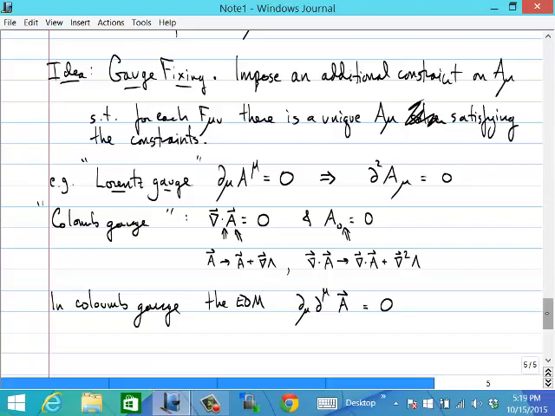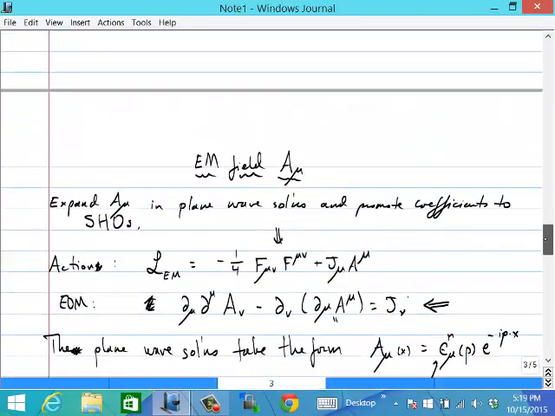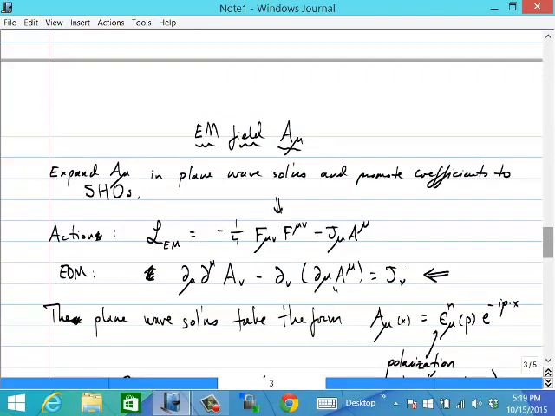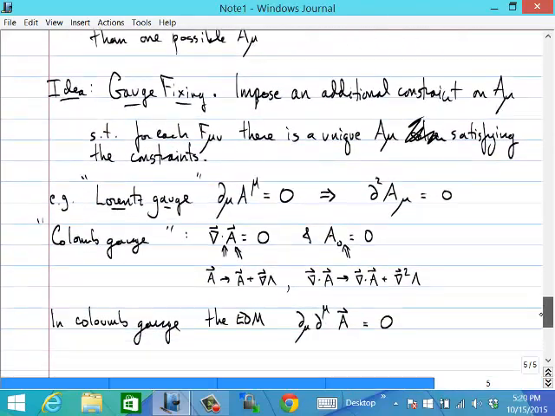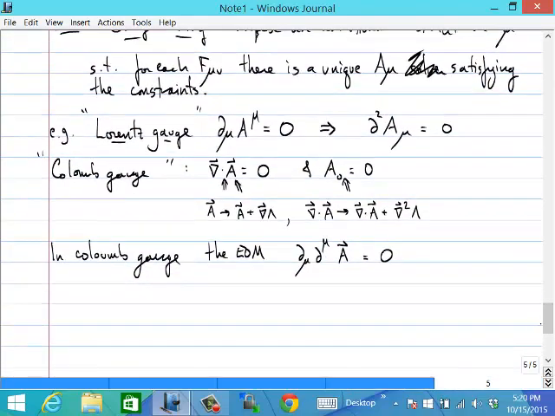You can look at the equations of motion that we wrote down up here. With the Coulomb gauge condition, this term is not going to matter. So again, you have d mu A mu is equal to 0.